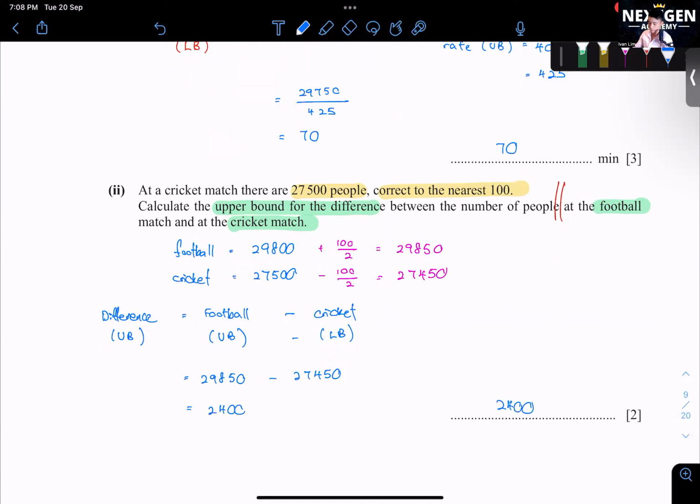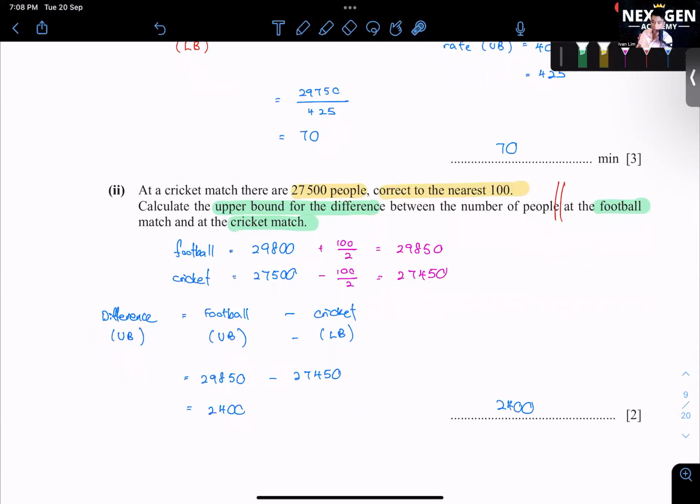A lot of you will make the mistake, because it's upper bound, of taking upper bound minus upper bound. I saw a lot of you working like that. You've got to remember, for divide and minus, the combination of lower bound and upper bound will be different.